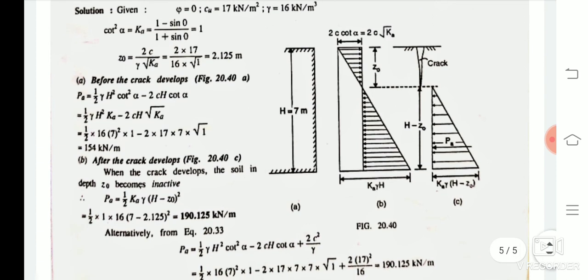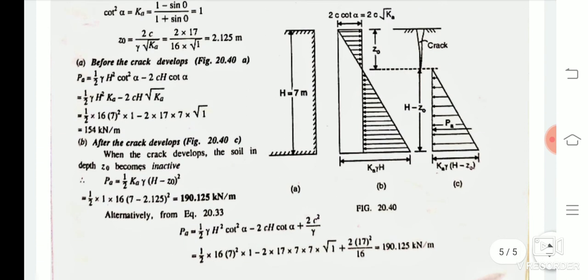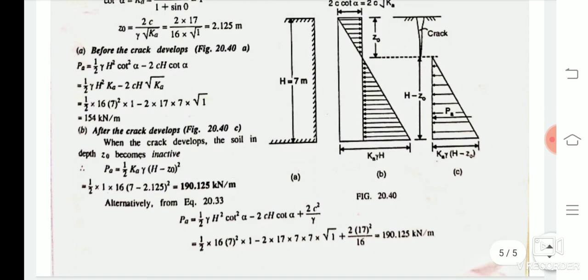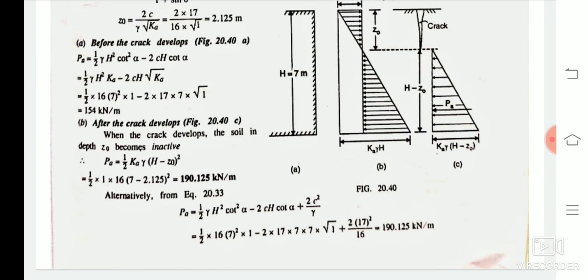Before the crack develops, what will be the value of the active earth pressure? Pa is given by half of gamma into h square cot square alpha minus 2ch into cot alpha. Substituting all the values, we obtain the active earth pressure as 154 kilonewton per meter. When the crack develops, the soil becomes inactive in the cracked zone.